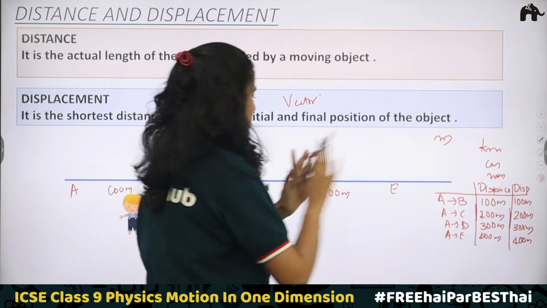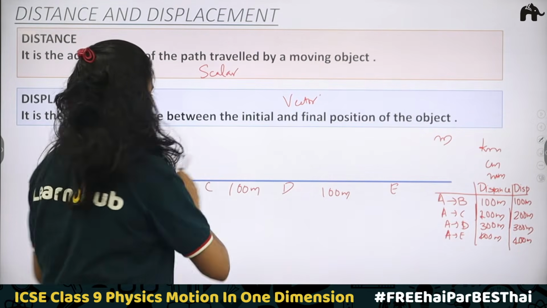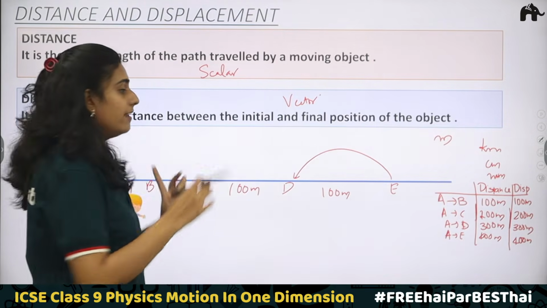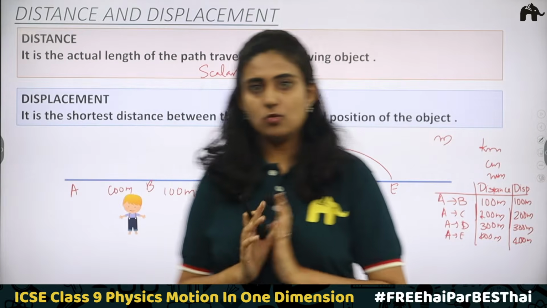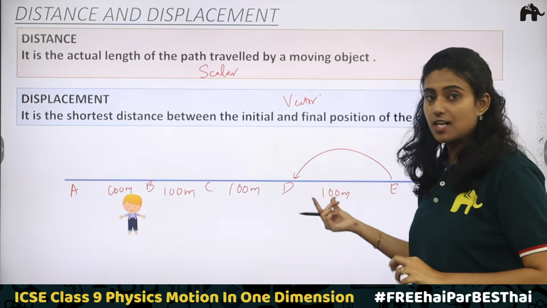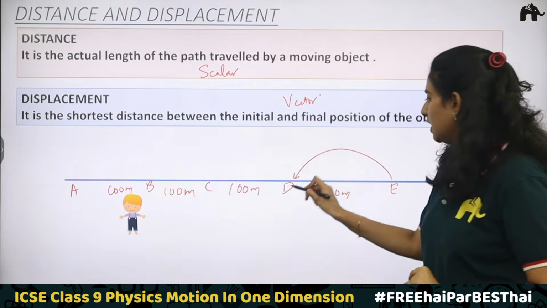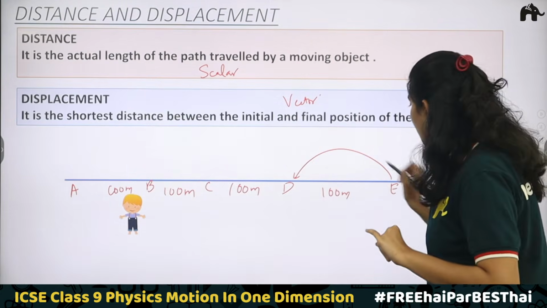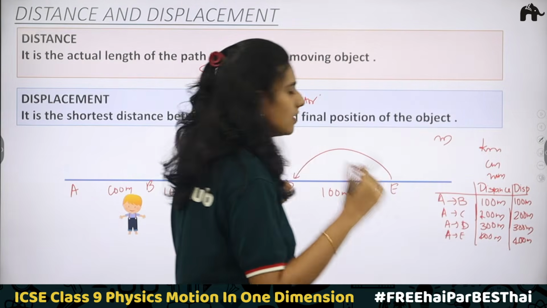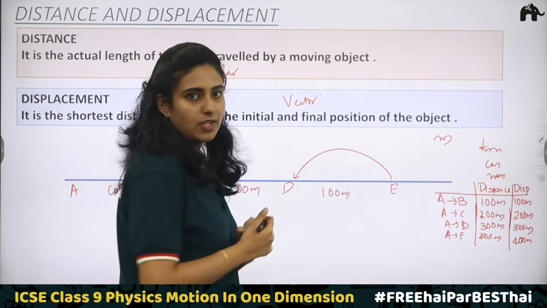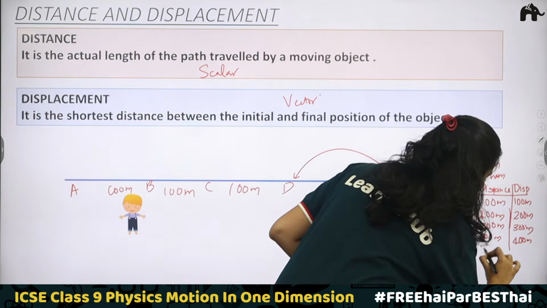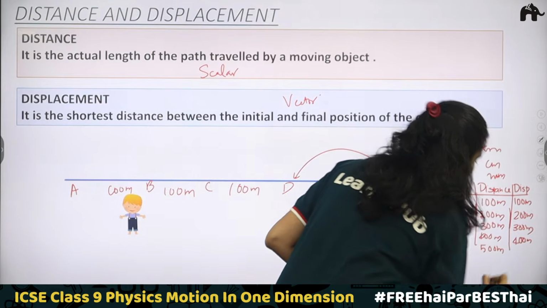Now take his return journey. That is, he has reached E and from E he comes to D. Then what is the total distance? 100 plus 100 plus 100 plus 100, plus again 100 from D to E, and from E to D in reverse, again 100, which means we get 500. So during the return journey, 500 meter is the distance.